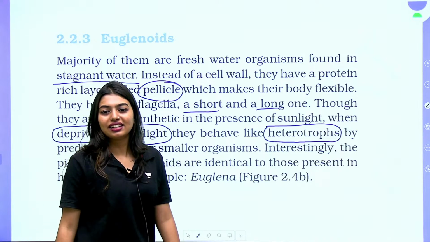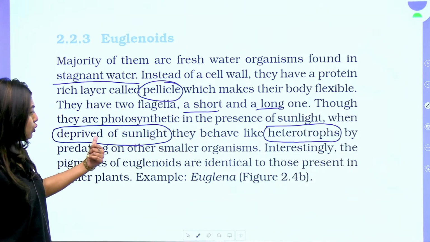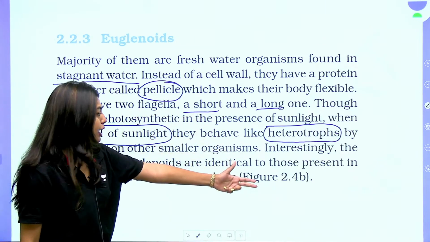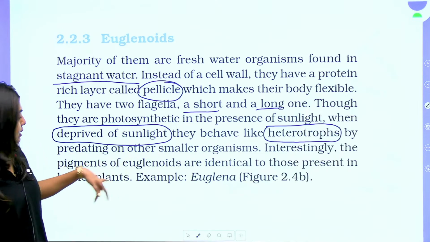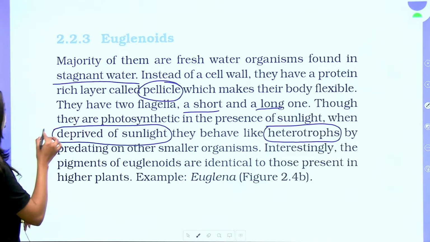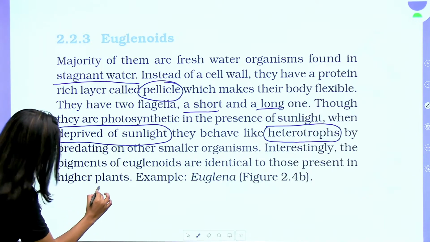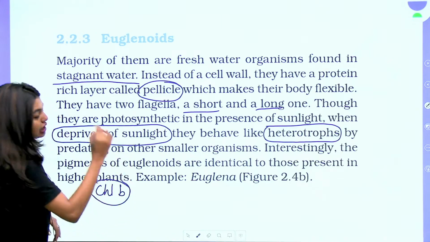Okay. So in the presence of sunlight, they will do photosynthesis. In the absence of sunlight, they become heterotrophic, that is, they will feed on smaller organisms. Now, the pigment. Students, here Euglena has a pigment called chlorophyll B, which is only present in higher plants.